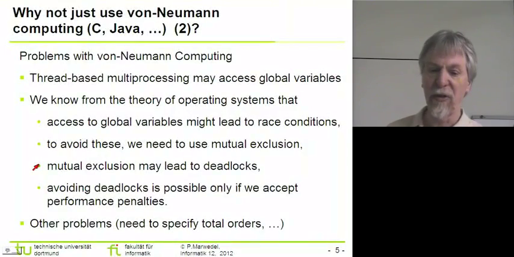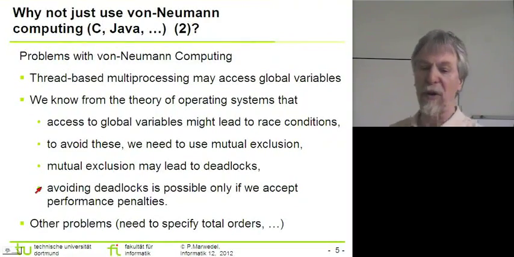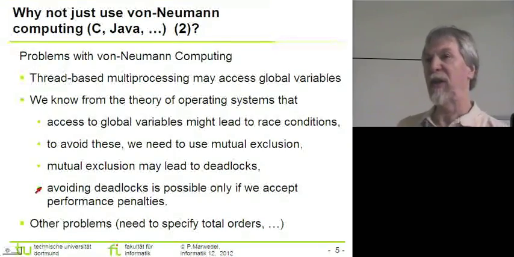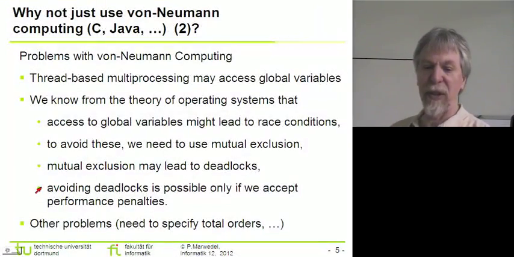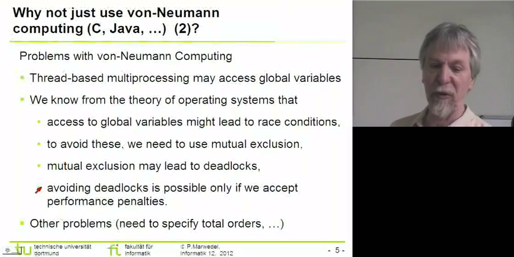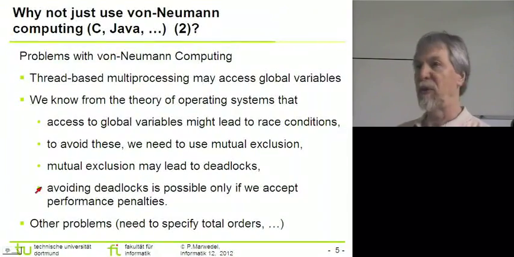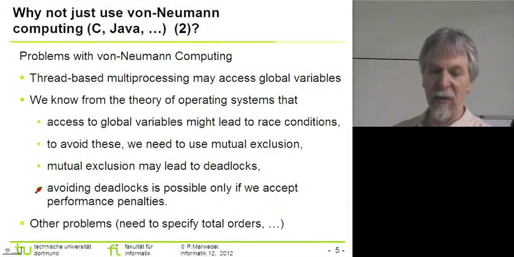And mutual exclusion in turn might lead to deadlocks, and we know from the theory of operating systems that avoiding deadlocks is only possible if we accept very serious performance penalties, which usually we're not willing to accept.